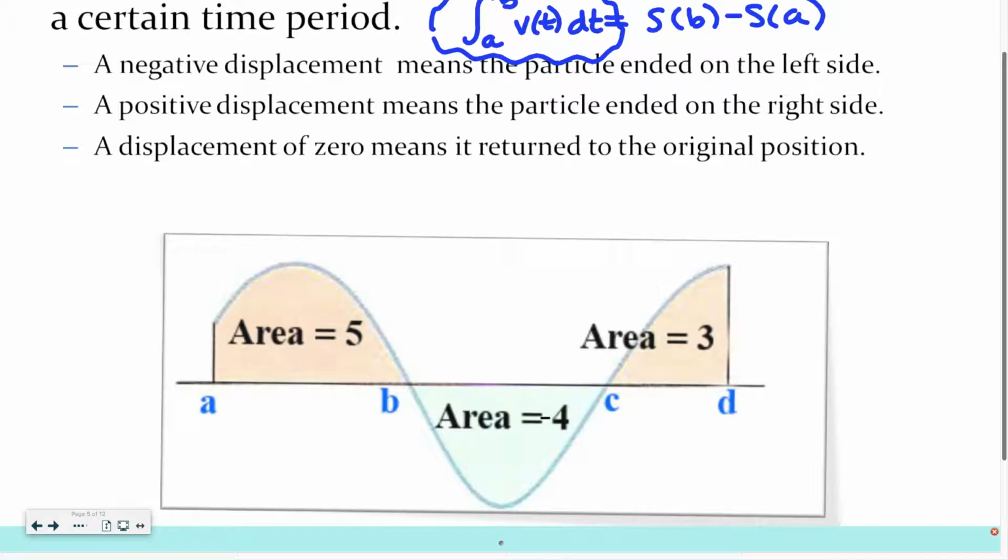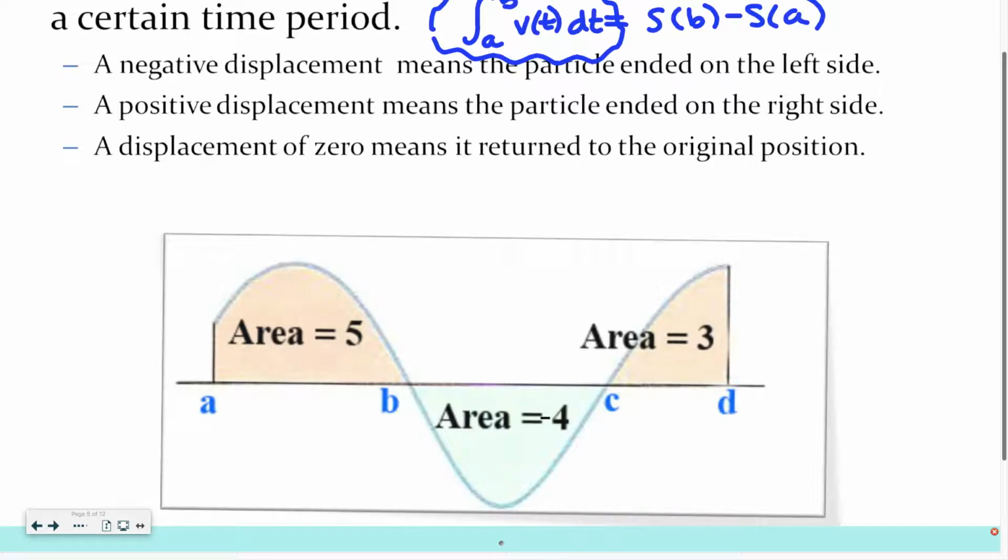Four? 5 plus negative 4 plus 3. Yep. So we would have a displacement of 4. So we would end up 4 to the right of where we began. If I cut it off here from A to C, then our particle is going to end up only 1 to the right of where we began.